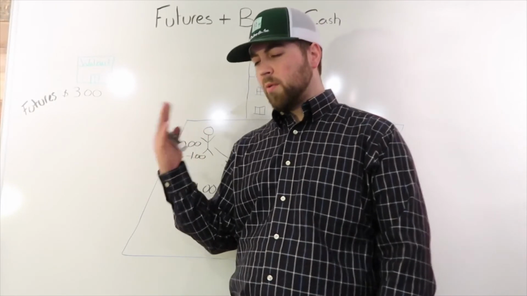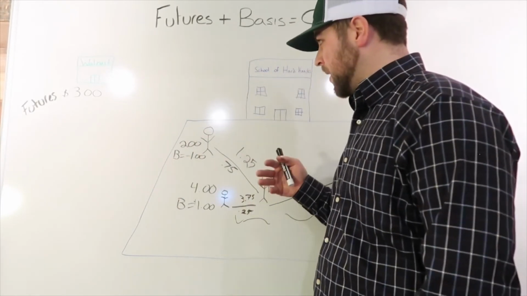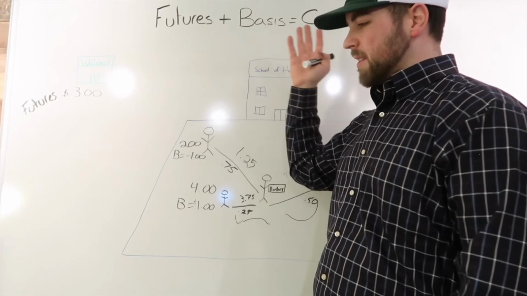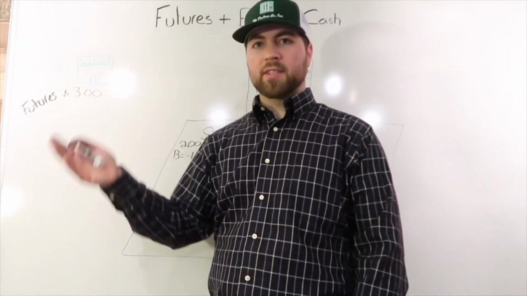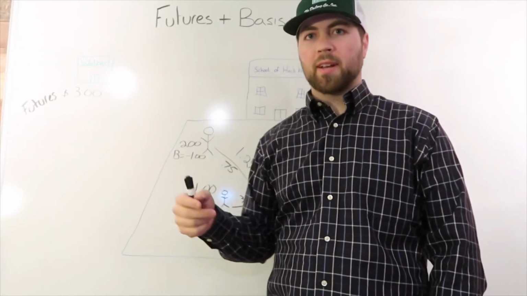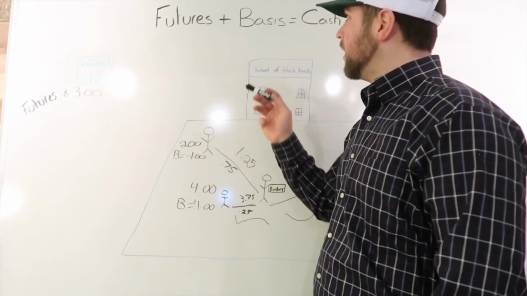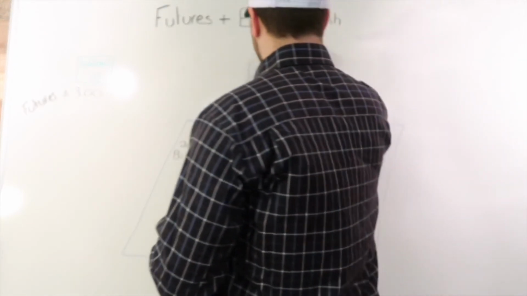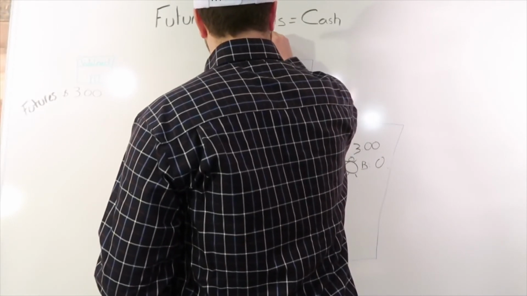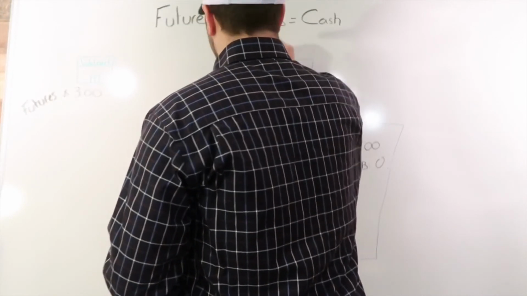And while we're on the subject of risk, both of these prices have risk associated with them because they're always moving. In your local market, as people fill and empty out, this basis could be going up, it could be going down.